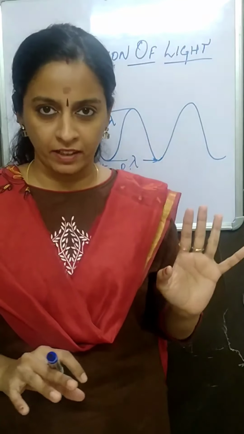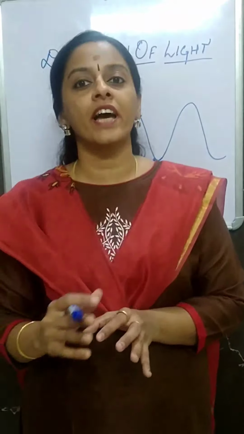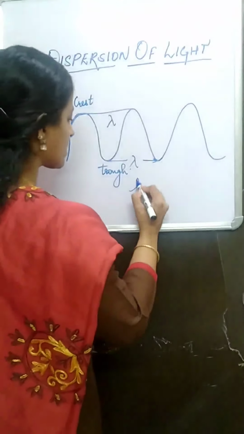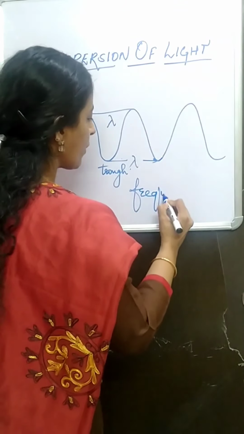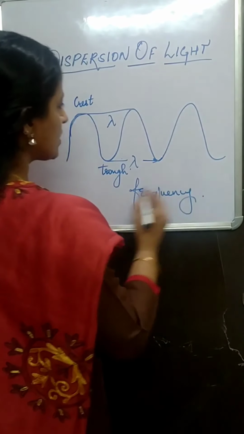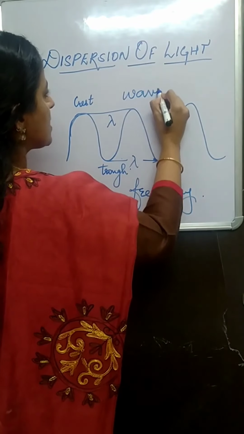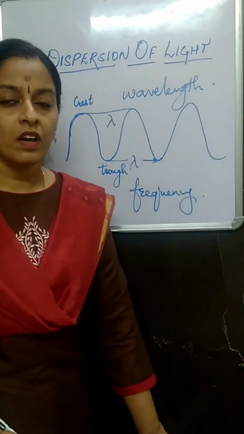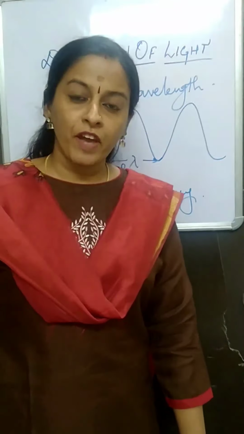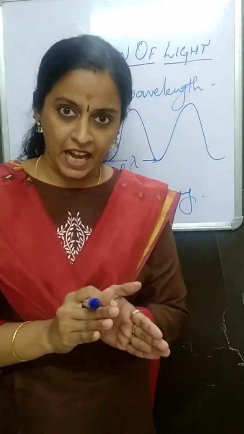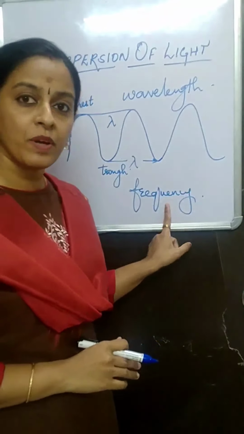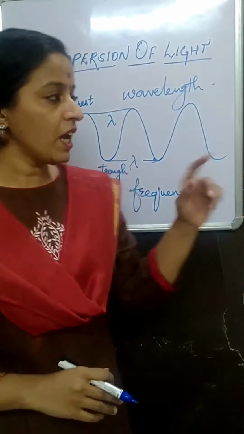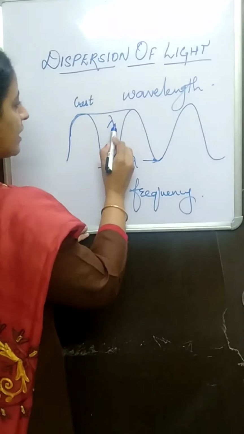The number of waves passing per second is called frequency. So the next important word is frequency. First important thing that you have to consider is wavelength and the second is frequency. If more number of waves are passing in given time, then that means frequency is more. Now let me consider wavelength, that is lambda.